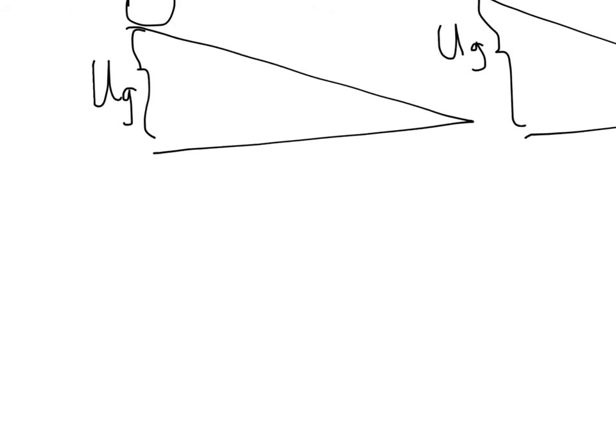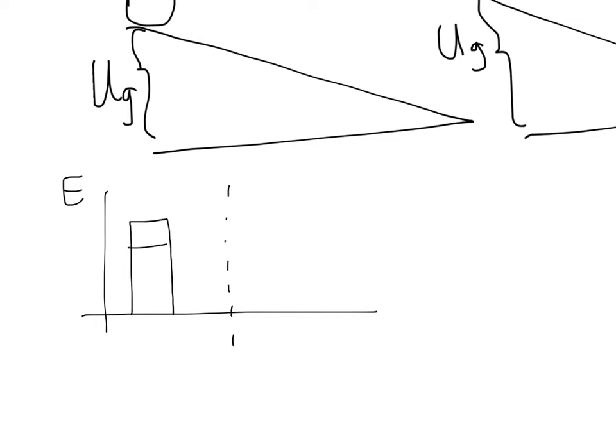So if we look at the amount of energy or the types of energy in the system, like maybe an energy bar graph or energy bar chart, we have at the beginning all gravitational potential energy.